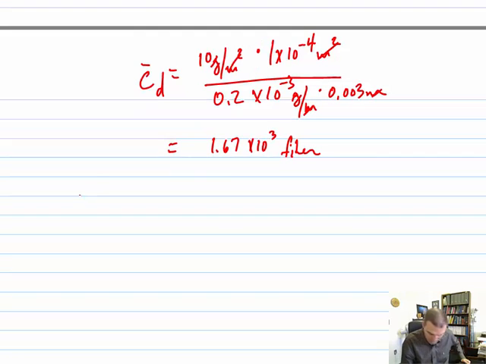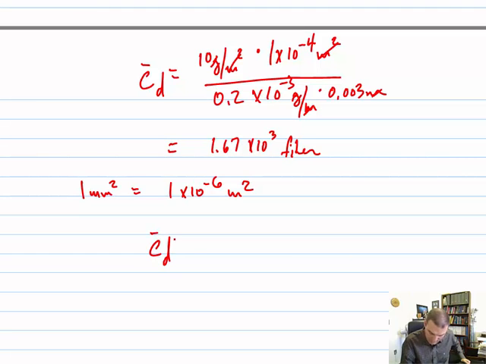Next, if we do 1 millimeter squared, that's equal to 1 times 10 to the minus 6th meters squared.